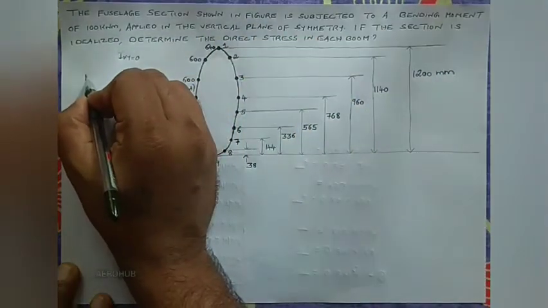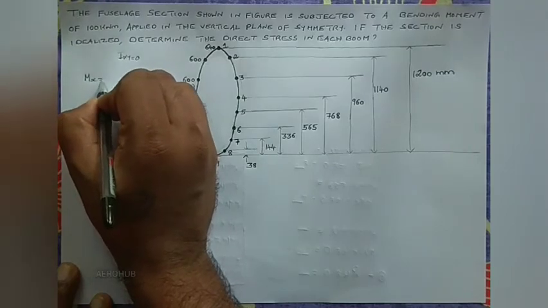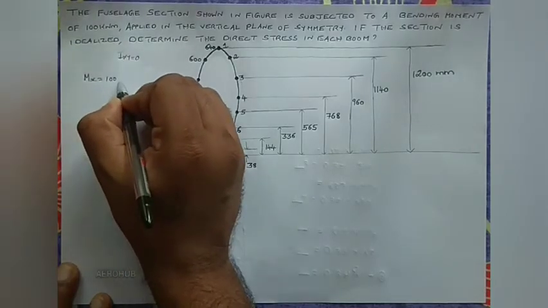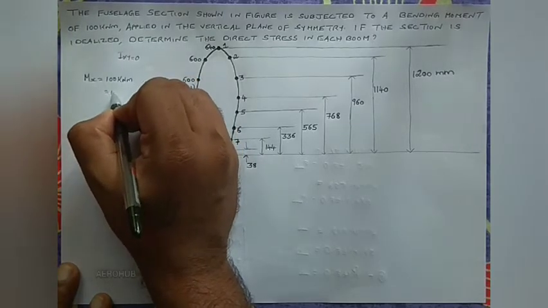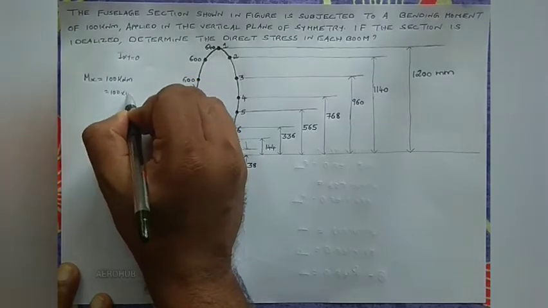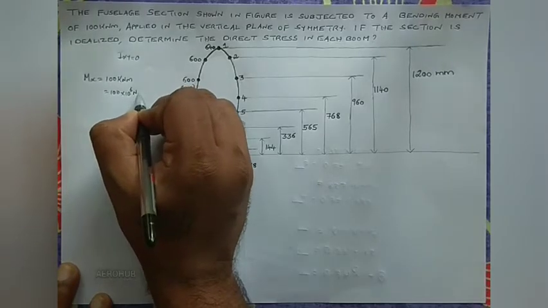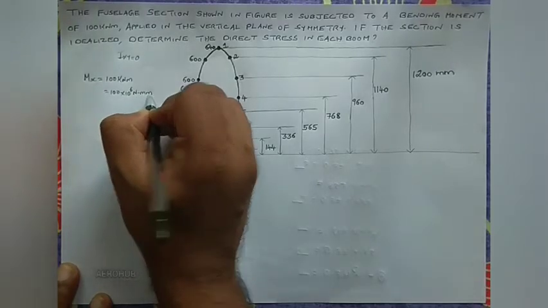Therefore the value of Mx is equal to 100 kilonewton meter, that is equal to 100 into 10 power 6 Newton millimeter.